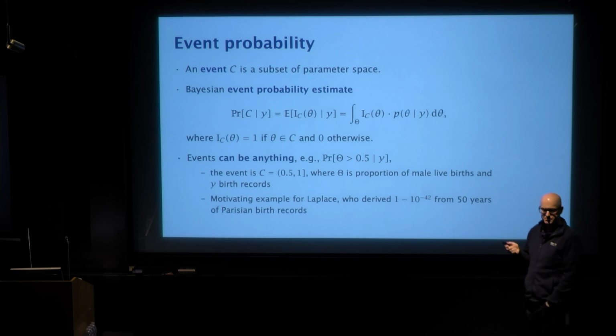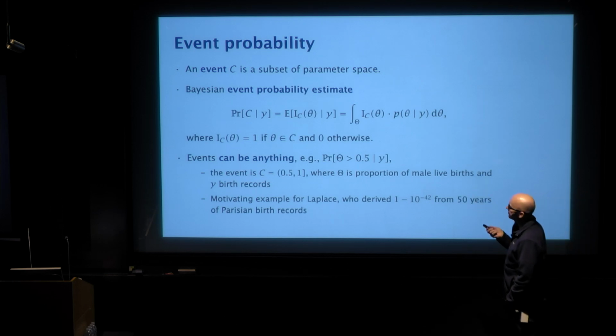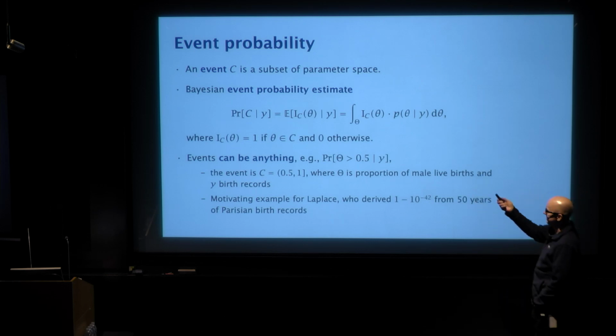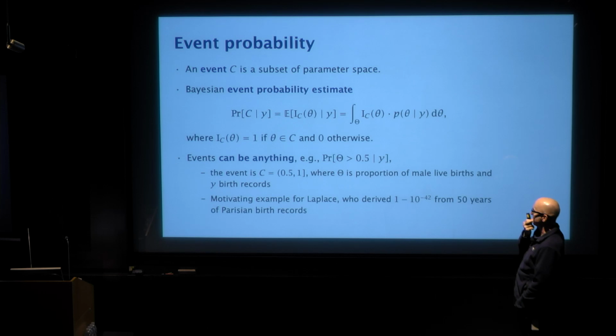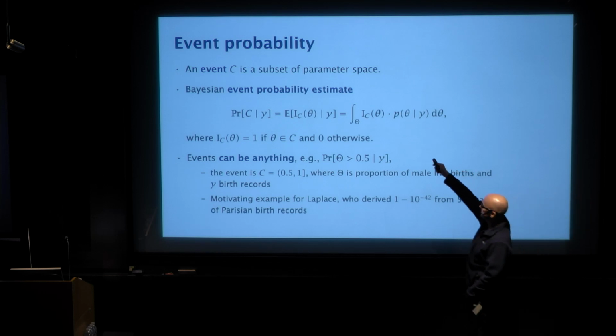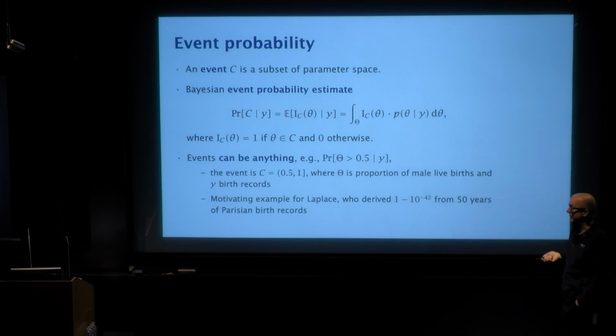You have some subset of the space of unknowns. And the Bayesian event probability is just going to be the expectation of an indicator function over that set. So you're just basically saying this indicator function is going to be 1 if theta is a member of the set C, and it's going to be 0 otherwise. And if we average this, we get the probability of that event.